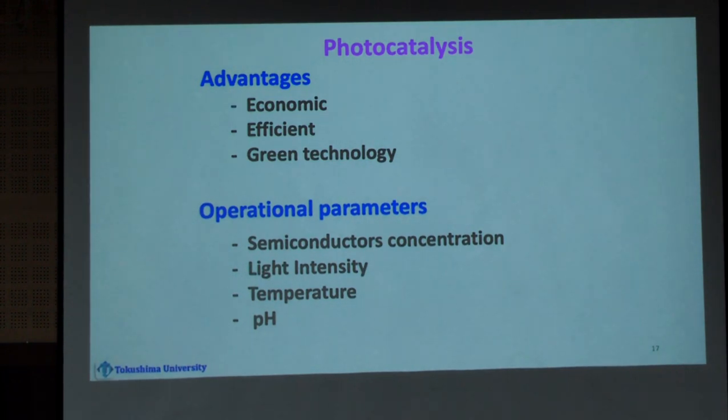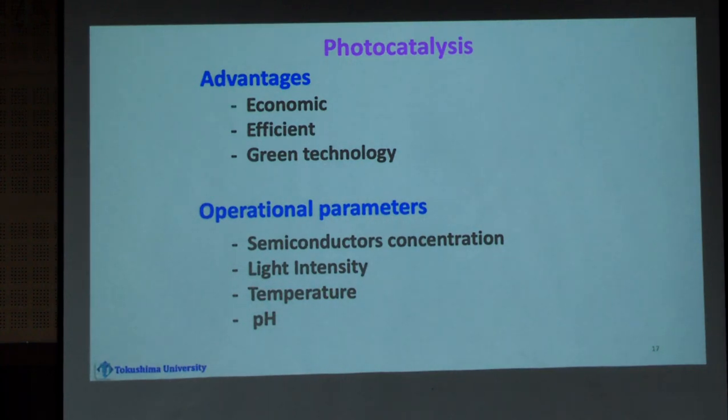Light intensity. Now, intensity of light. How much intensity? What kind of light source are you using? How much energy are you giving? Whether you are giving 100 milliwatt, 200, 500, 700 or 1 watt, that intensity can affect the result. Temperature.